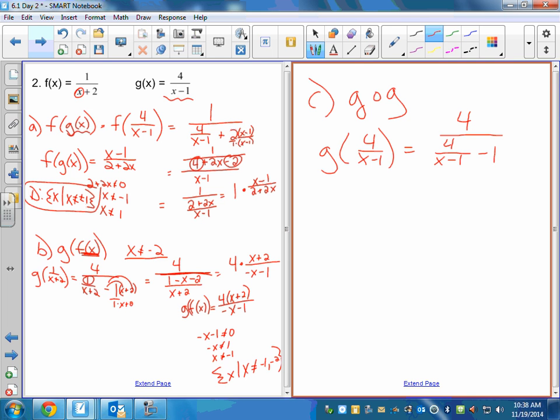I think that's where it should be if you plug g of x into g of x, and then see if you can get a common denominator, watch your negative, ask me a question if you have it. Three problems in one.